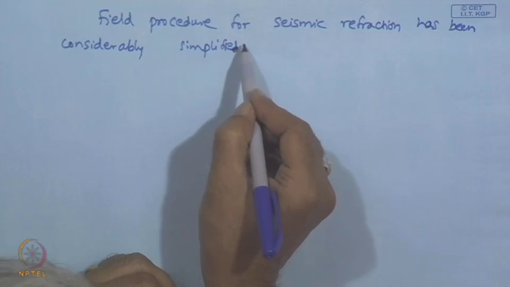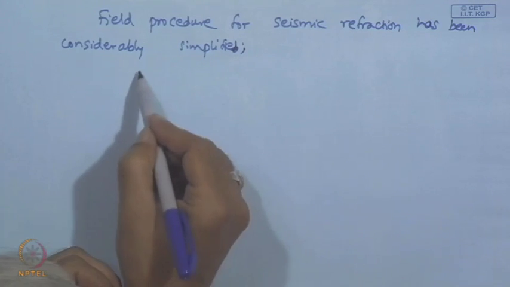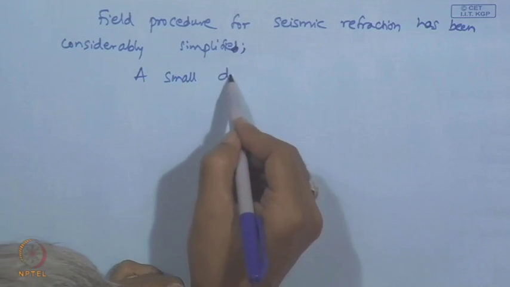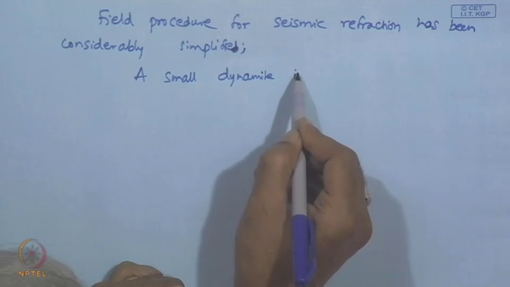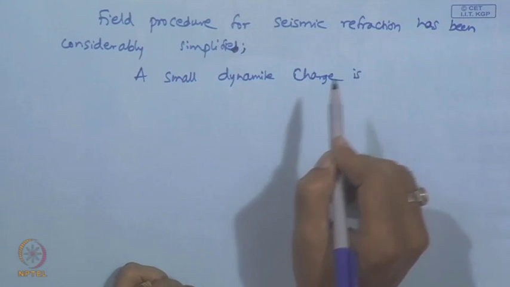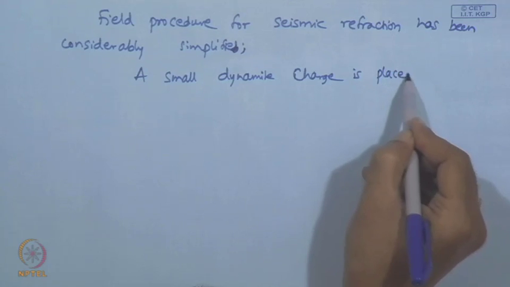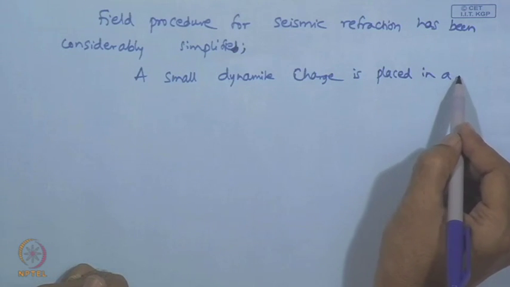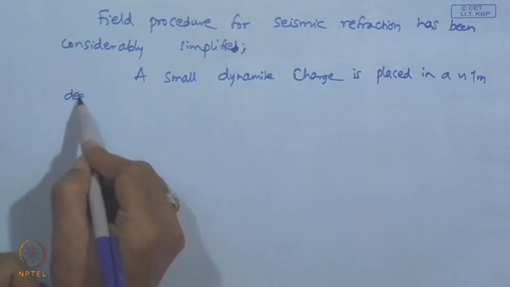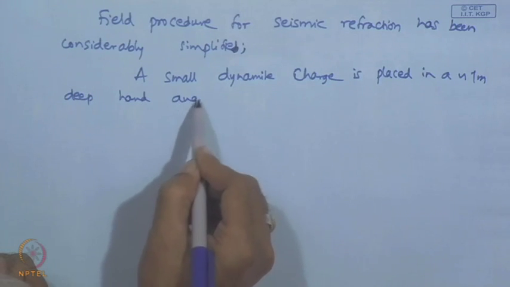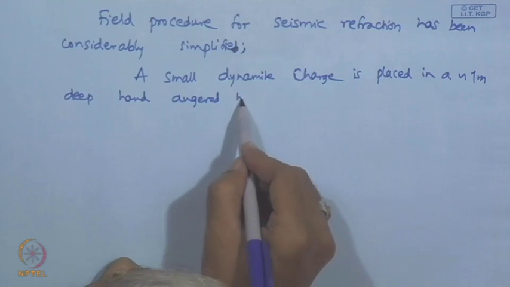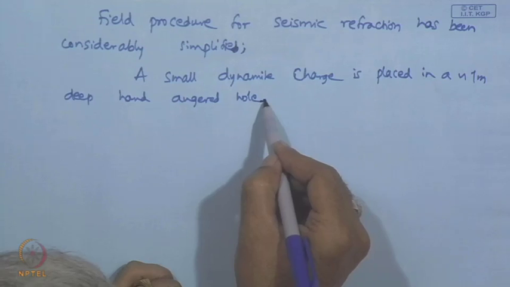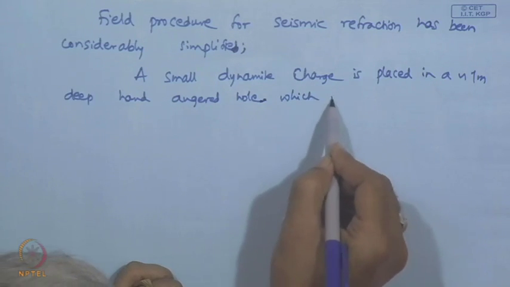Here, a small dynamite charge is placed in an approximately 1 meter deep hand augured hole, which is backfilled.